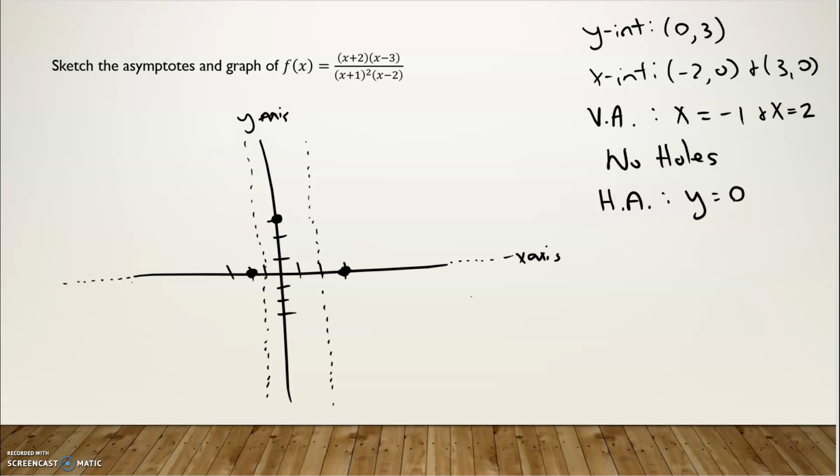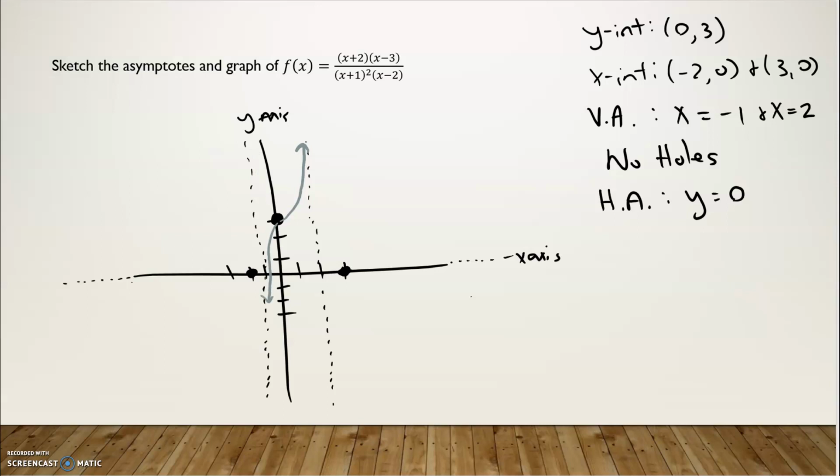Okay, now we need to try to plot this. So first off, I'm going to start with this area right in here. Now that is a y-intercept, and notice my function can either go up and get closer and closer to that asymptote, kind of like this. That's the first option. Or say it could go down like this.